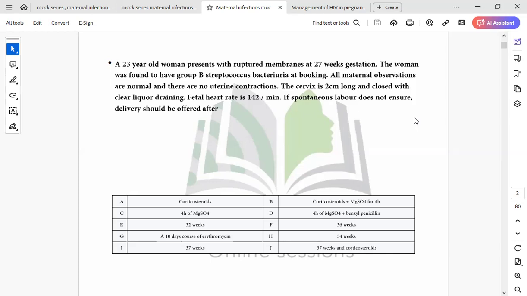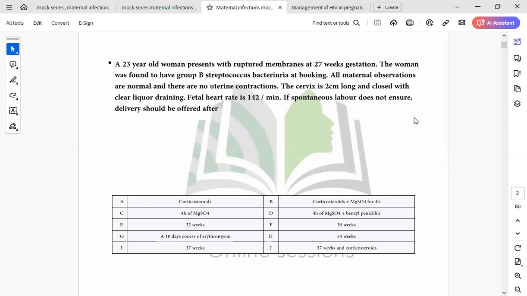So according to our guideline, if you are having a case of PPROM and the patient is not in established labor, treat her like any other case of PPROM, even if she's having positive GBS. Am I going to give her erythromycin now? Yes, you are going to give her erythromycin now.